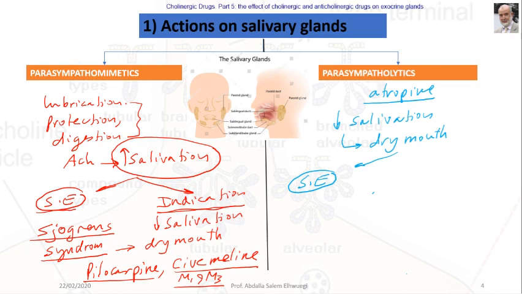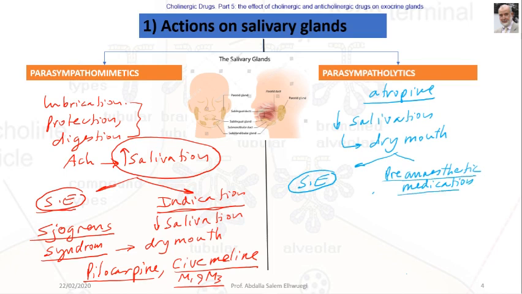This dry mouth is applied clinically in pre-anesthetic medication. As we will see later, inshallah, when we talk about CNS drugs, pre-anesthetic medications are usually given before general anesthesia.